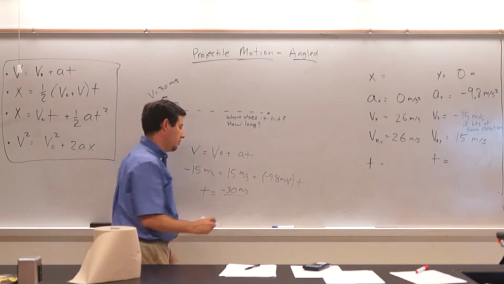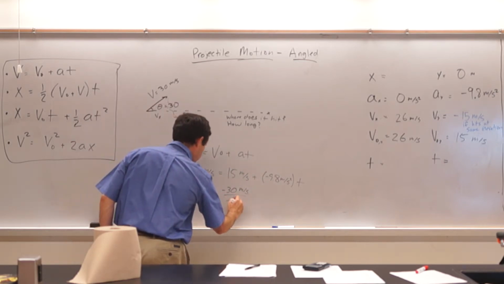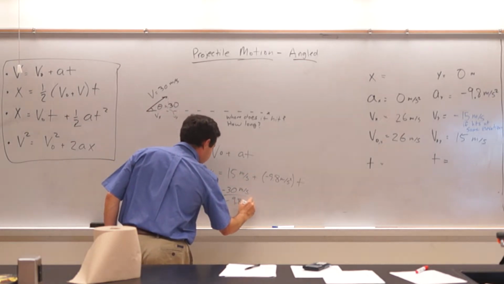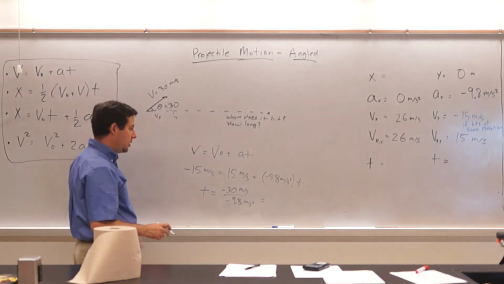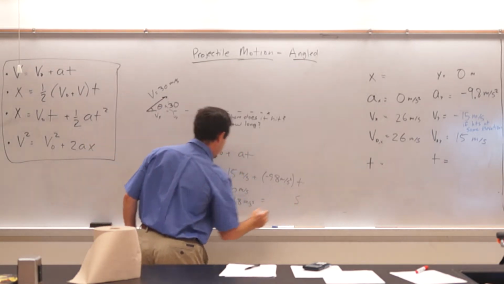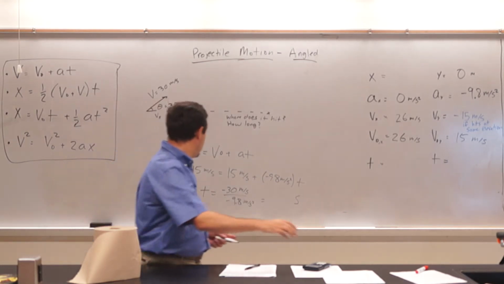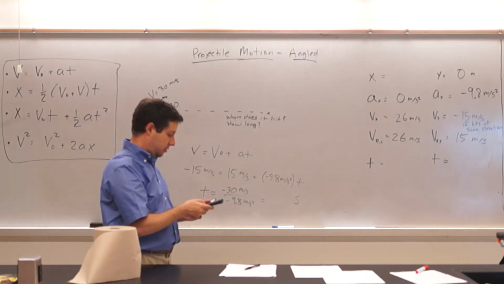And we divide by negative 9.8 meters per second squared. The units end up working out to be seconds. That's a good sign. So it should be around 3 seconds, a little bit more than 3 seconds.